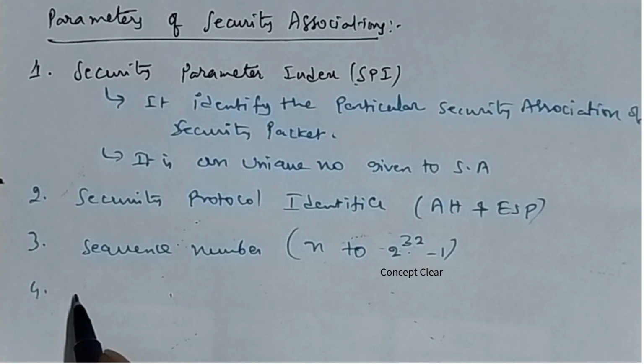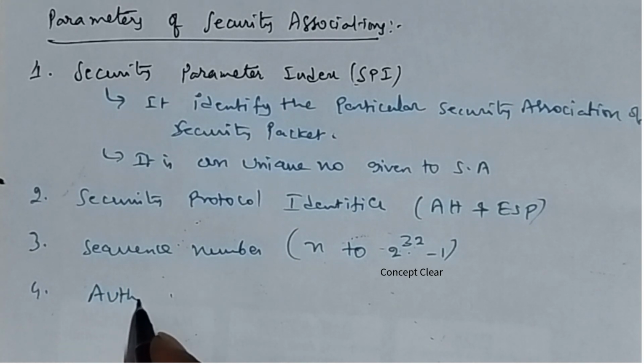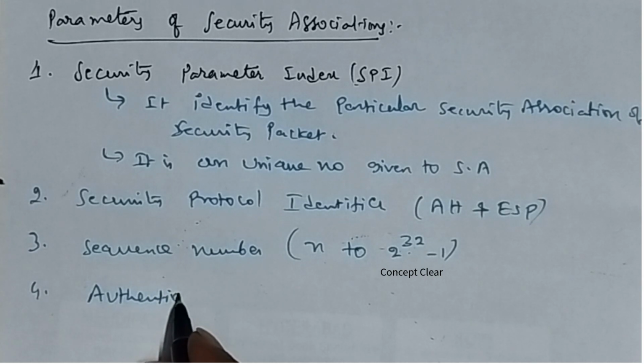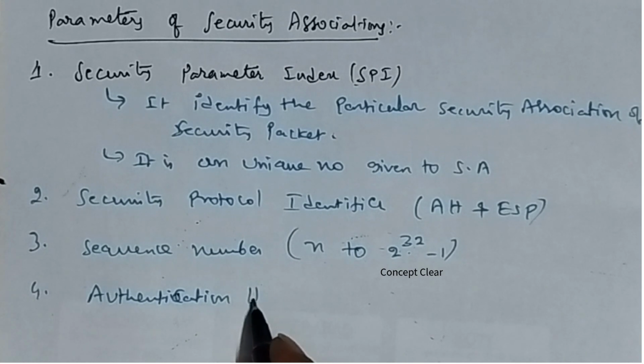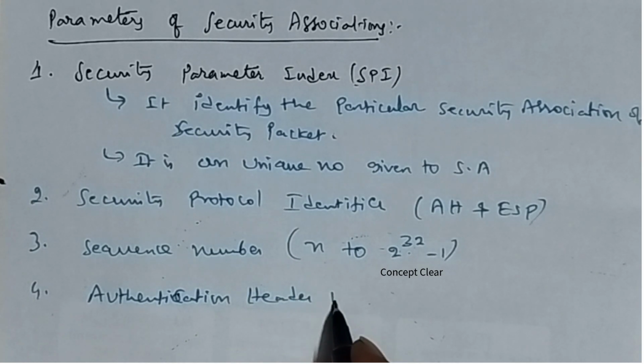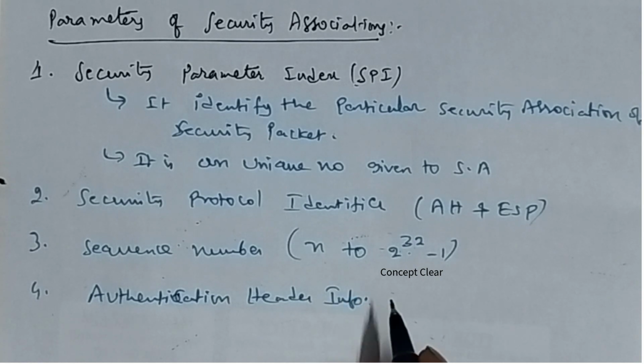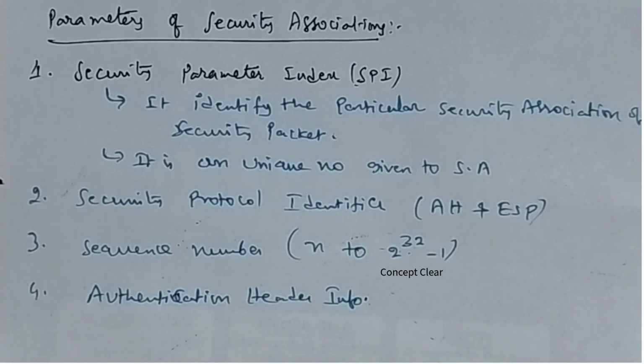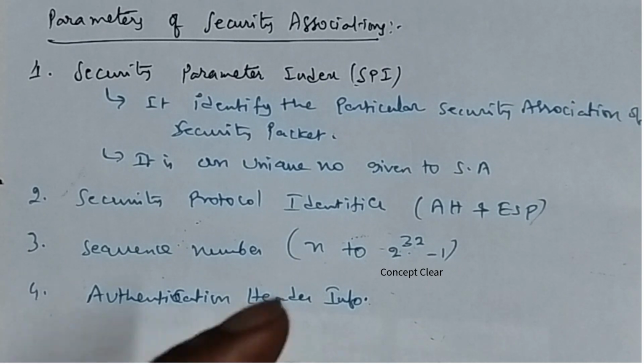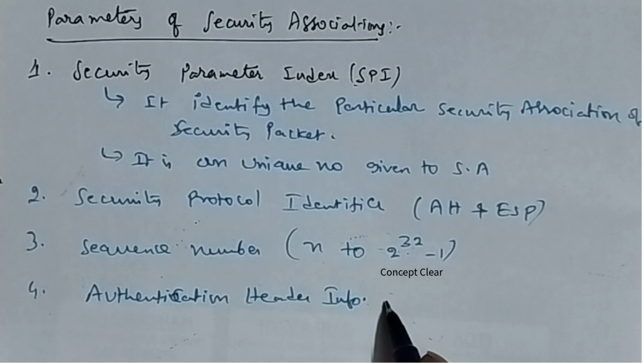The next parameter is authentication header information. What is the meaning of authentication header information? It means what keys, algorithms, and protocols are used in the authentication header.